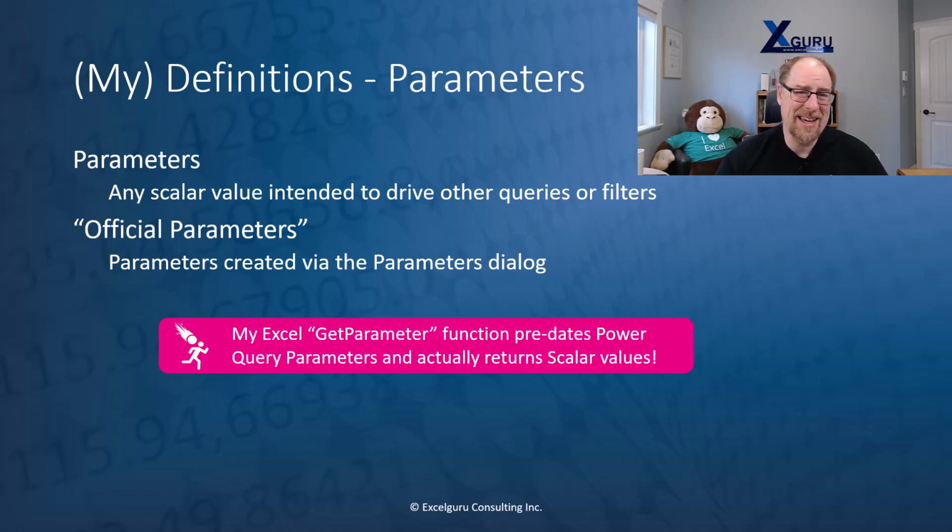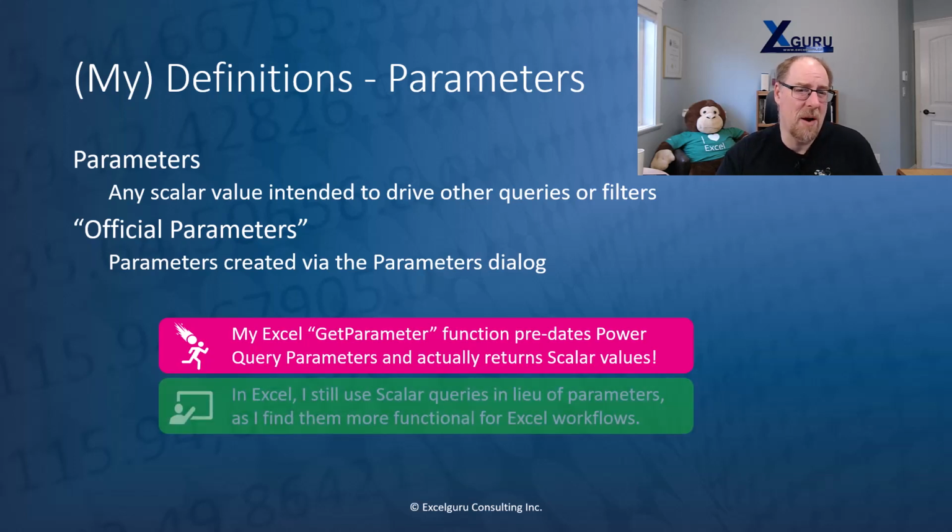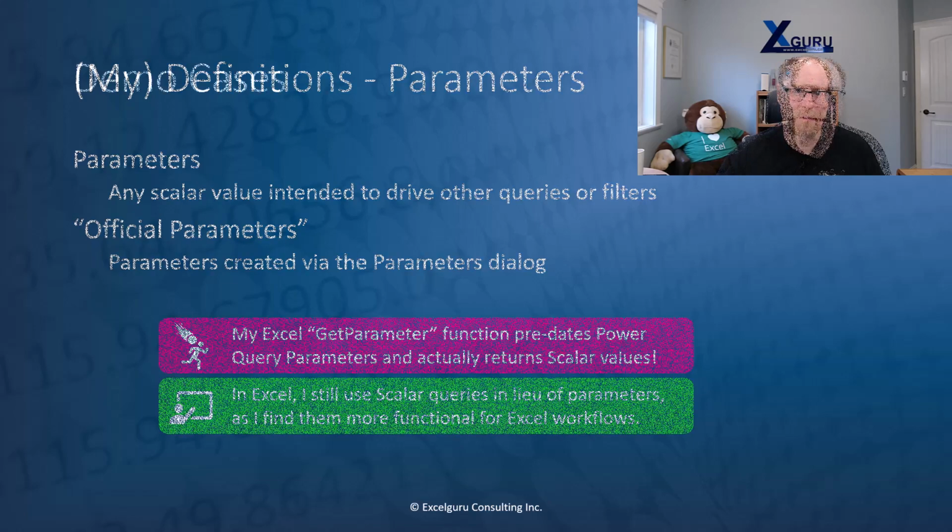And honestly, I actually find that scalar queries are much more functional for my Excel workflows than the official parameters that we got. And don't get me wrong, official parameters have their uses. I'm going to show you where those come in today. But at the same time, I can't kick that term of parameters because I've been using it for so long, and that's what they do, is drive the results of other things.